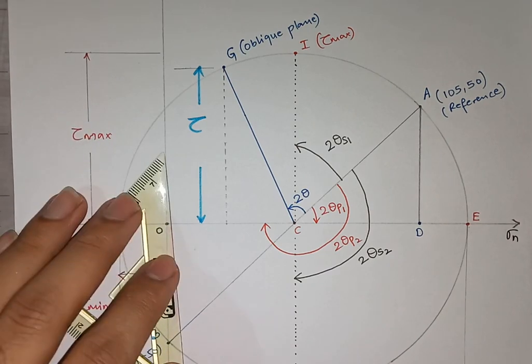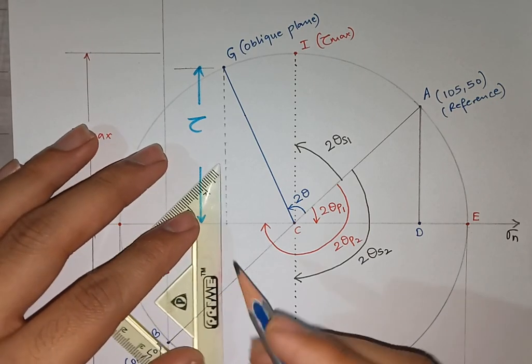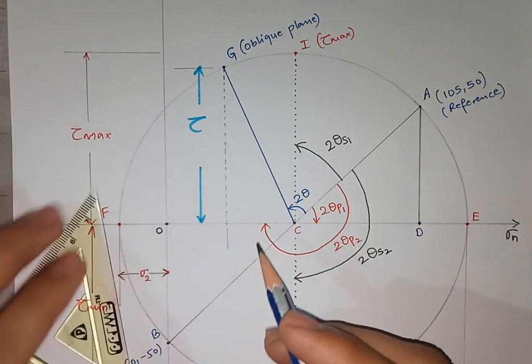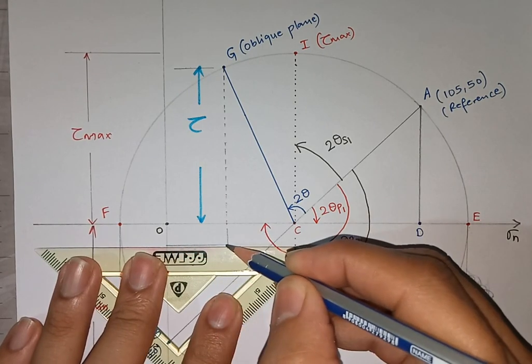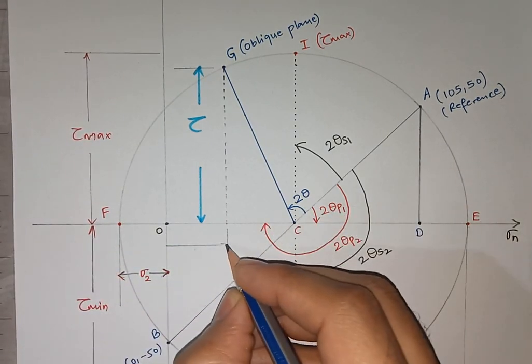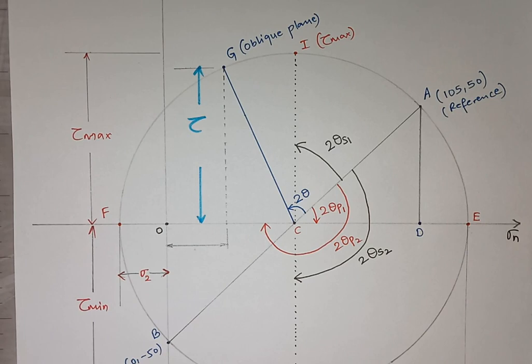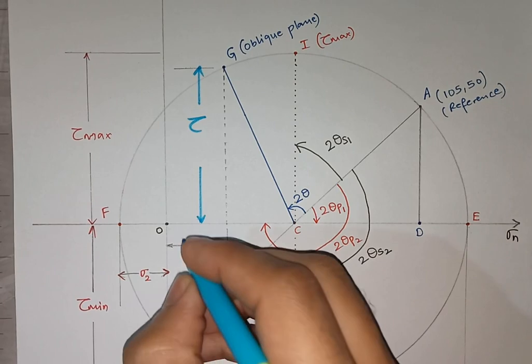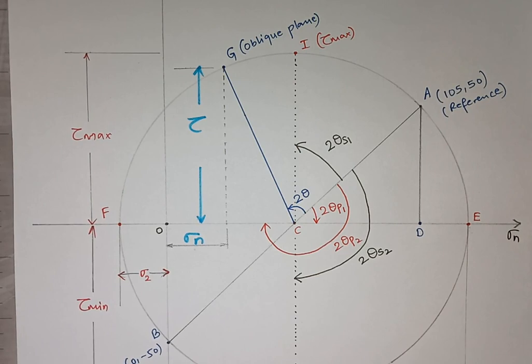And similarly this value, which is the distance in horizontal direction, gives me sigma n, right? So let me measure and check out what are the values.